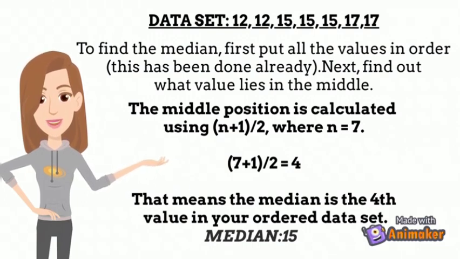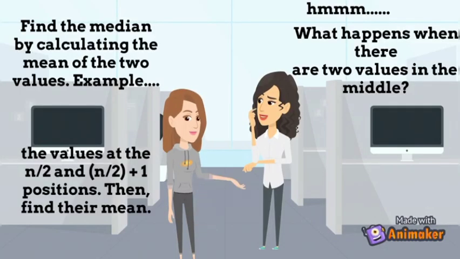Next, find out what value lies in the middle. The middle position is calculated using (n + 1)/2, where n equals 7. (7 + 1)/2 equals 4. That means the median is the fourth value in your ordered dataset. Median equals 15.